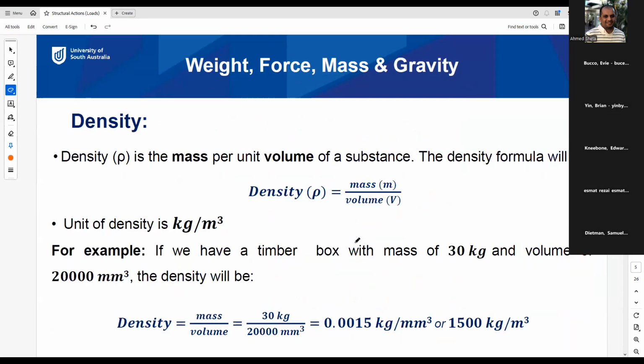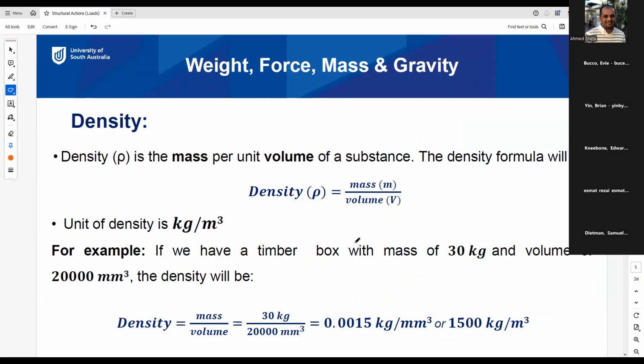Okay. So let's move to the second concept we need to know, which is the density. So what is the density and what is the definition of the density? The density is the mass per unit volume of a substance.